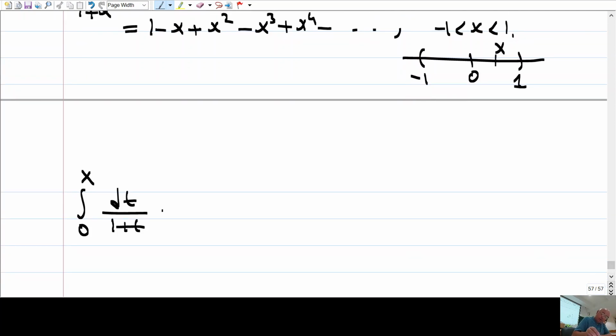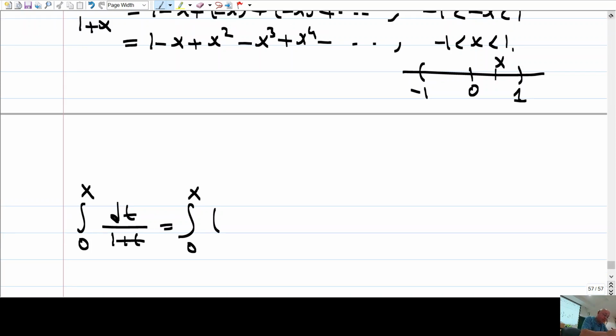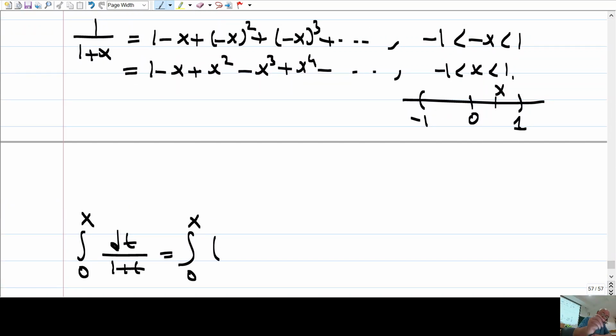Okay, well, what is this? This is the integral from 0 to x of 1 over 1 plus t dt. And 1 over 1 plus t is this: 1 minus t plus t squared minus t cubed, goes like this. And then I have dt, right?